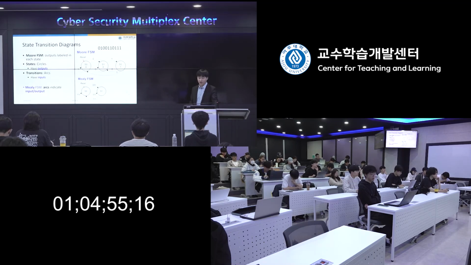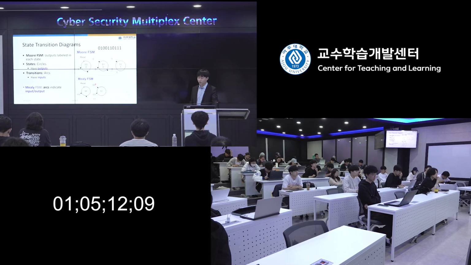This is from the Moore FSM. But for the Mealy FSM, inside the circle there is no output anymore. We put the output onto the arcs. So we use the slash to separate input and output for this Mealy FSM state transition diagram.